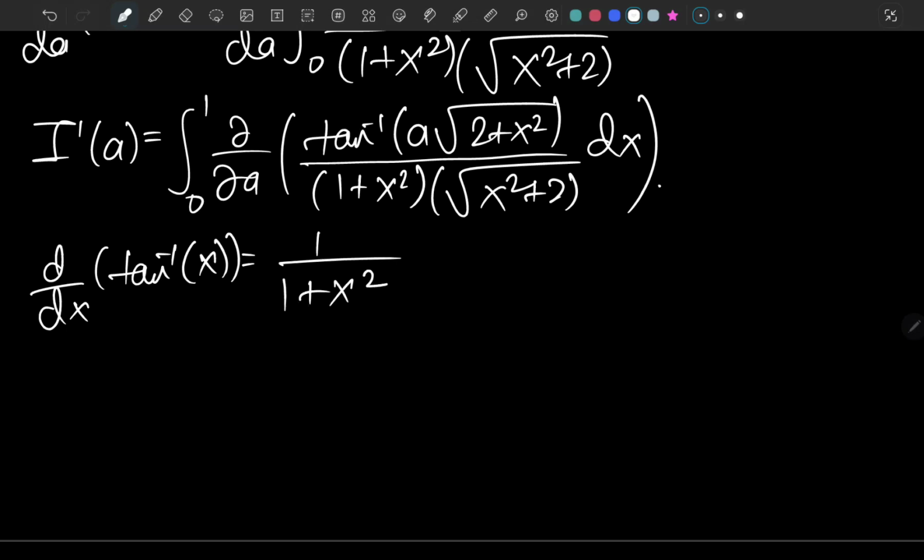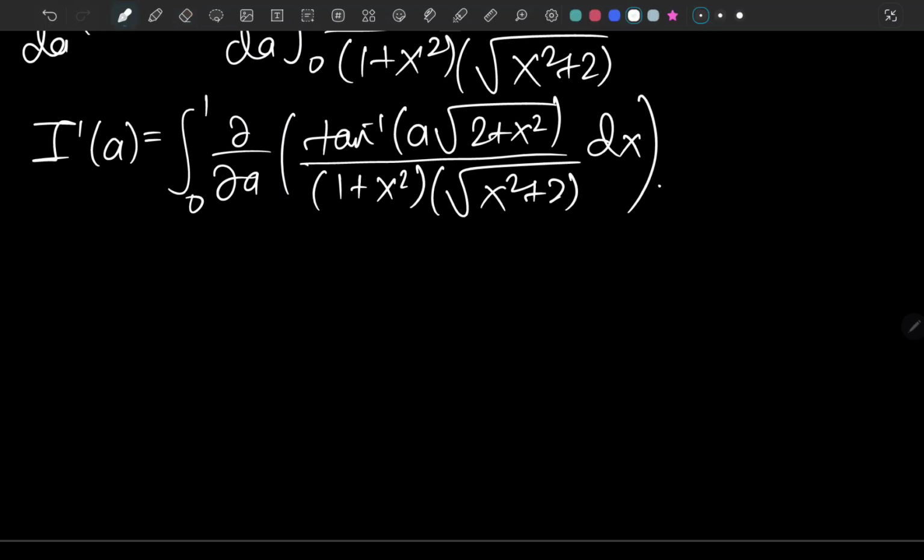So that's what we are going to do. And we have to suppose that this thing is a constant, because we are going to take the derivative with respect to a, not with x. So all the other things would be treated as constants, right? So let's take the derivative.